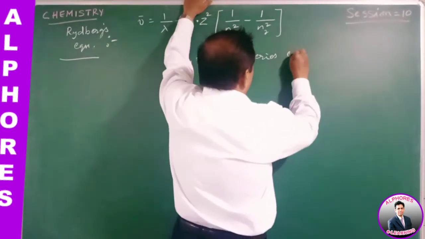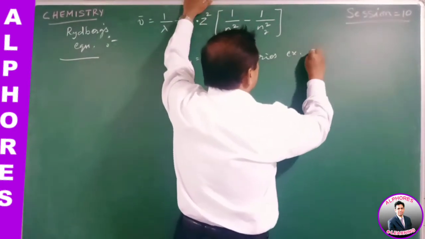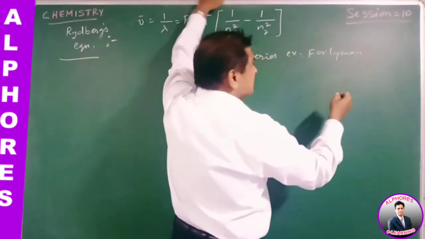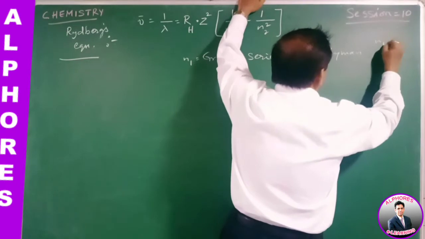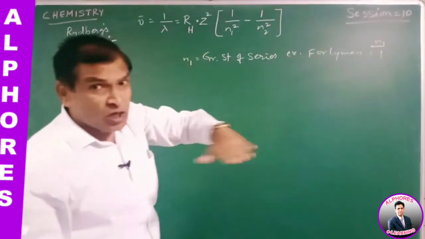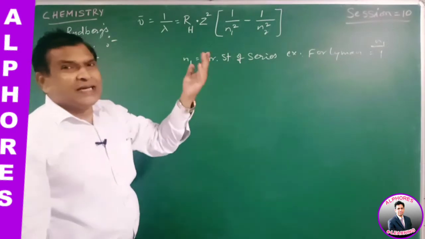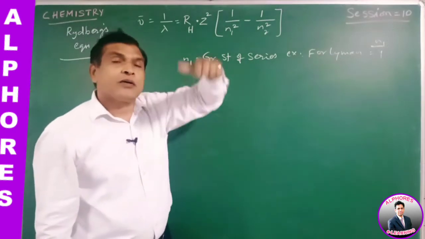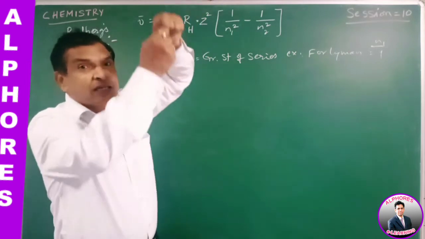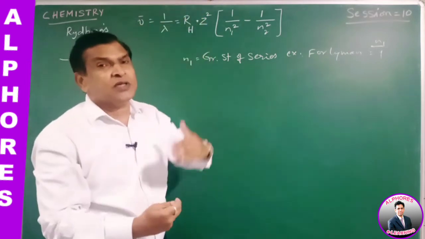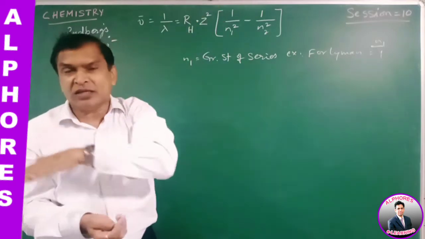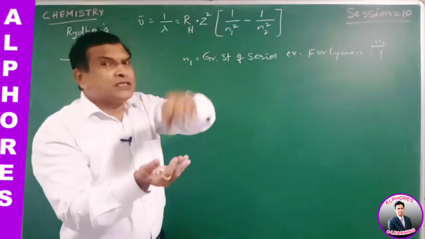For example, for the Lyman series, N1 is equal to 1, because the Lyman series is formed in the first orbit. The excited electrons jump from higher energy levels, and during de-excitation the excited electron may come directly to the first orbit or in several stages, but finally it touches the first orbit.